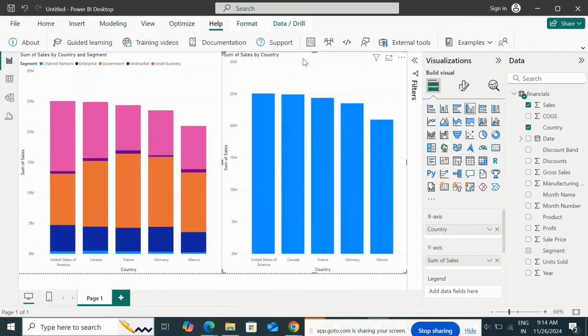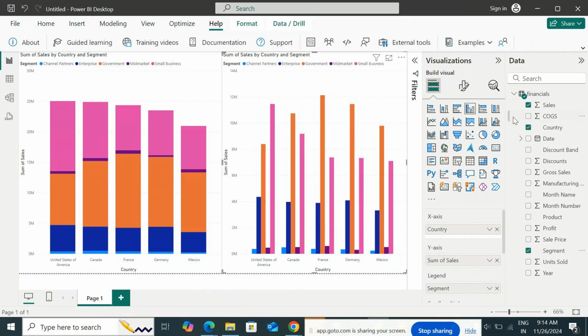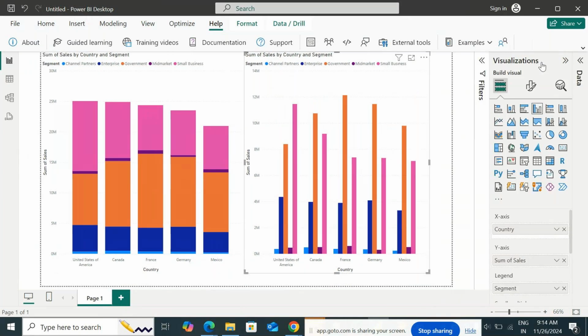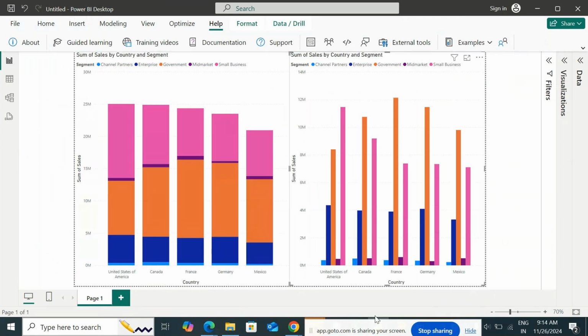If I add a second dimension here, you can observe that both are different. So as a third point, whenever you are using two dimensions and one measure, these both visuals are different.